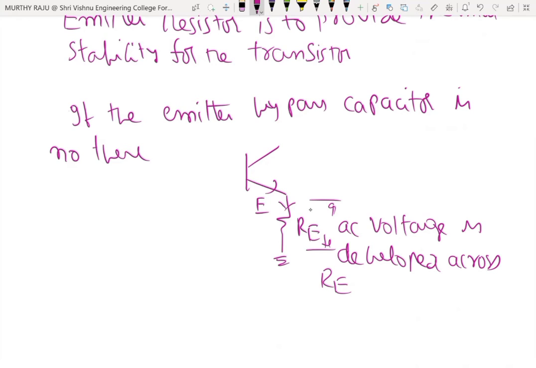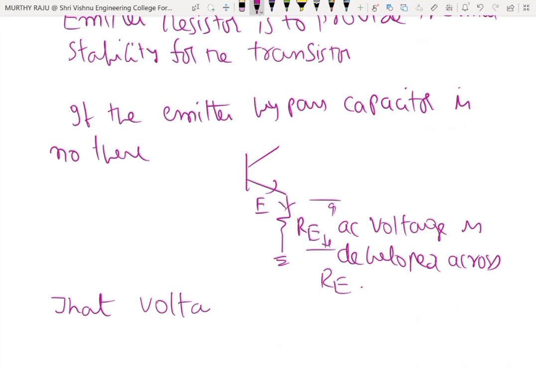For AC signals, that CE acts as a short circuit. Therefore, the emitter terminal is connected to ground, and there is no voltage drop across RE. Without the emitter bypass capacitor CE, AC voltage is developed across RE. That voltage acts as feedback voltage.